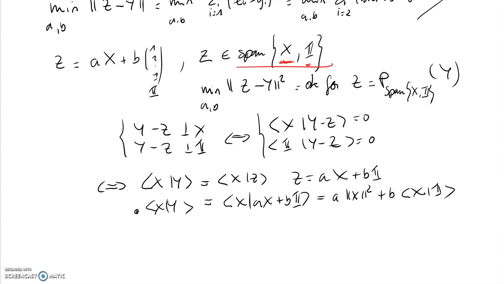The second equation gives me 1 scalar with y is equal to 1 scalar with z.